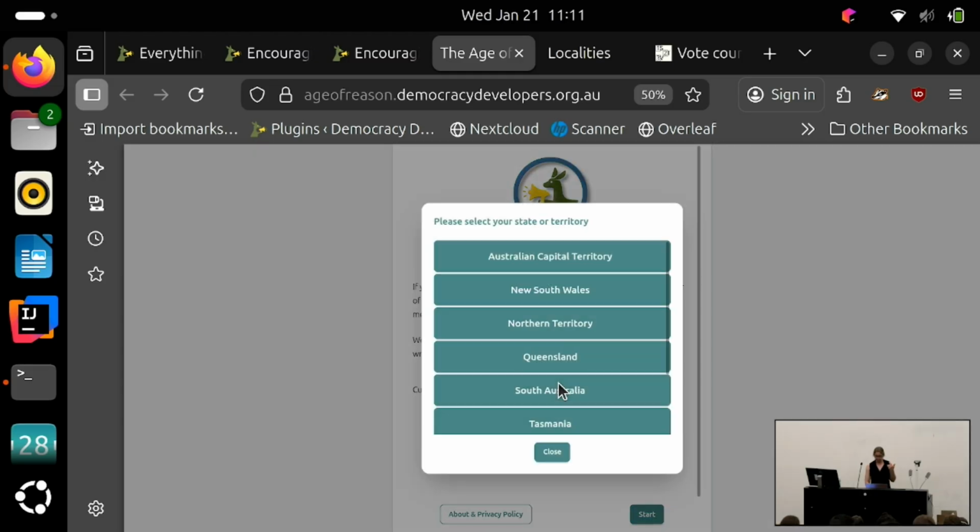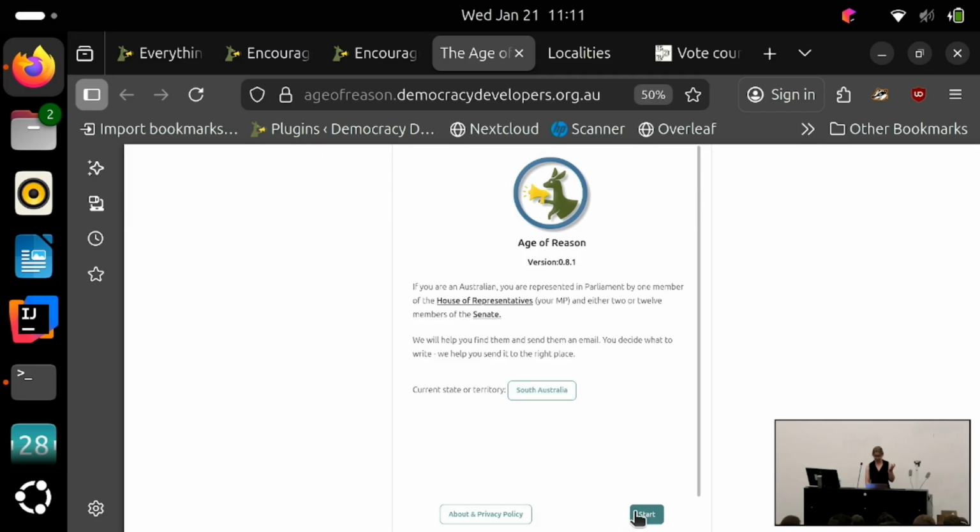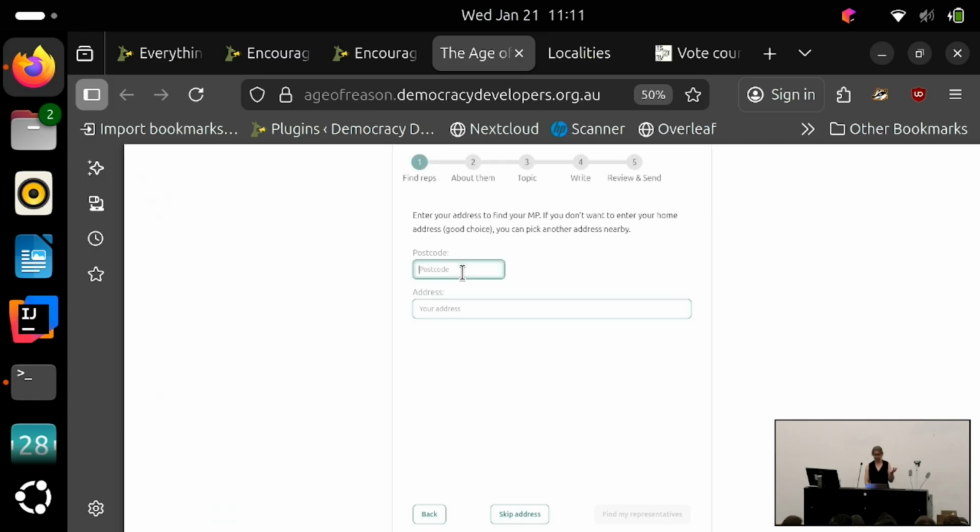It helps you to send an email to your representatives about a bill currently before the Parliament. It consists of a little preamble that helps you find out who your representatives are. I'm just going to make up an address. Does anybody know an address in South Australia that I can use? 5,000?